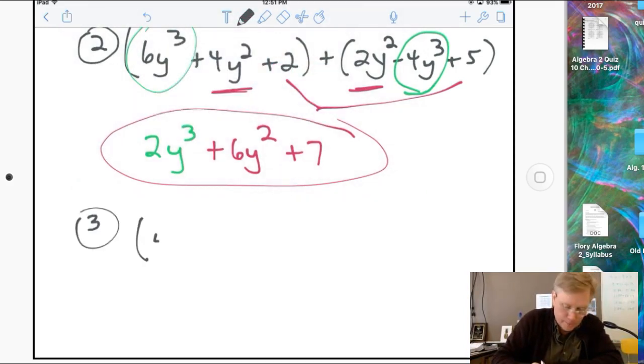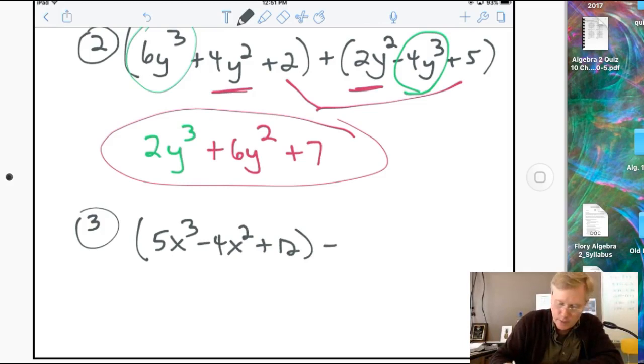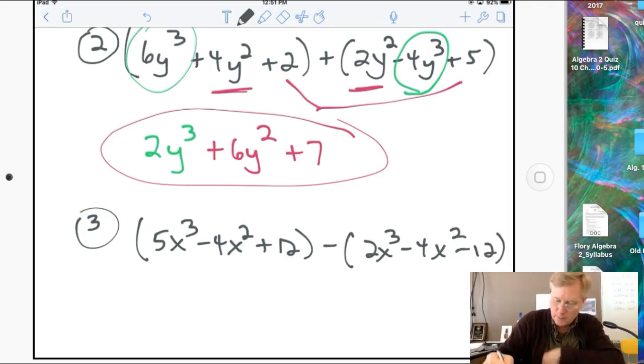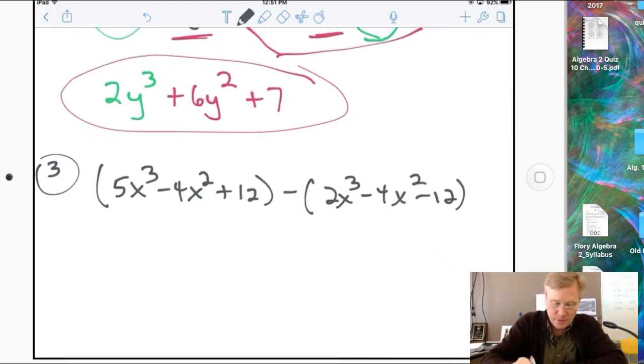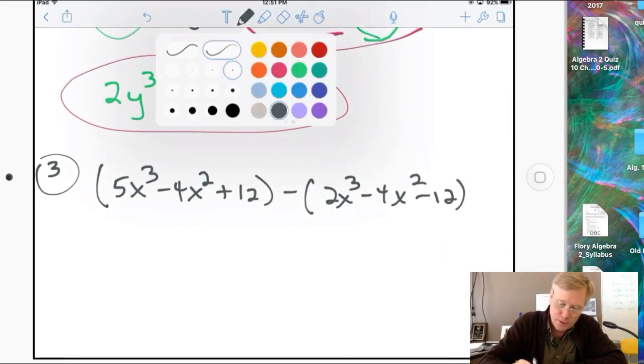Second one, (5x to the third minus 4x squared plus 12) minus (2x to the third minus 4x squared minus 12). Okay, so this one is a subtraction problem, which makes it a little different. I like to change all the signs.